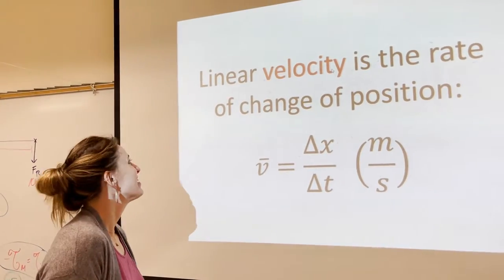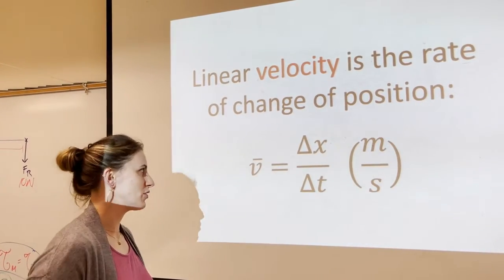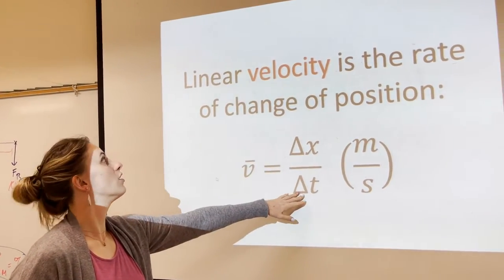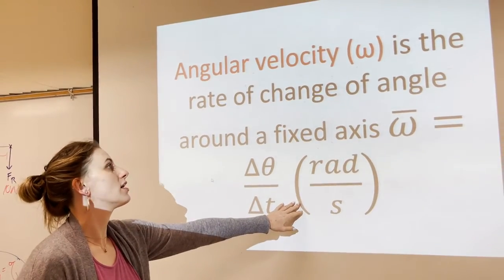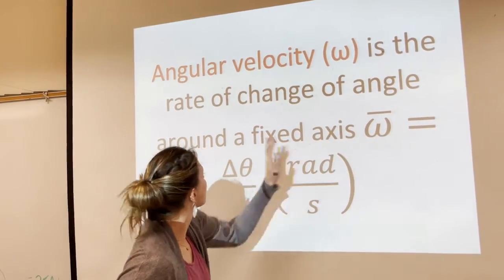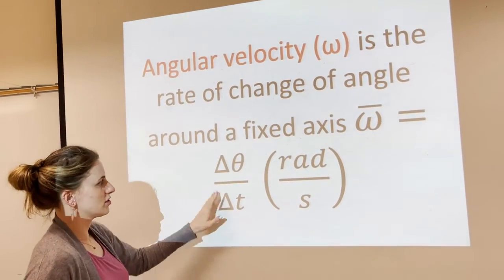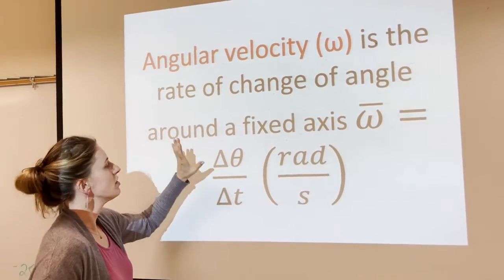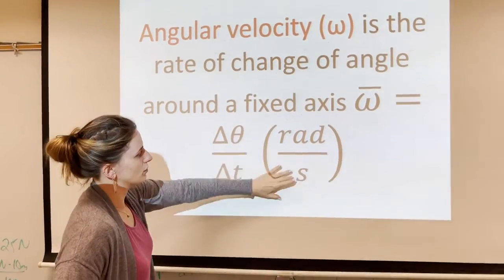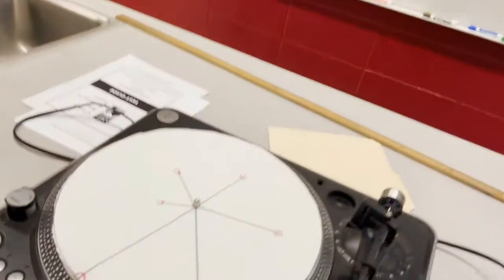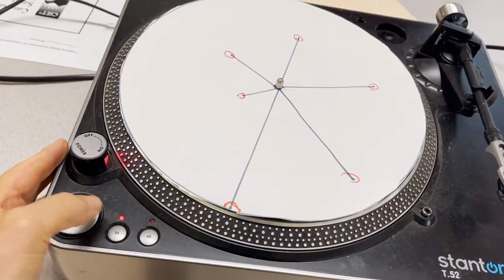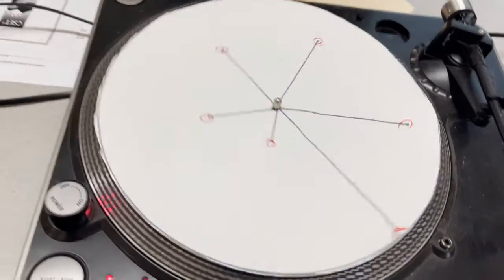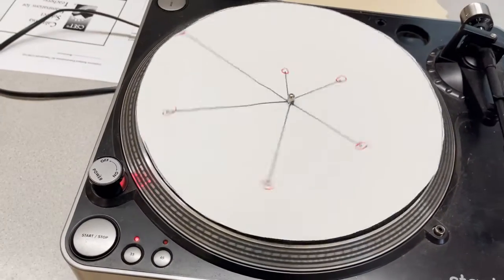Linear velocity is the rate of change of position, meters per second. So it only makes sense that angular velocity, which is represented by our omega here, is radians per second. Just like how this is distance and time, it's going to be radians per second. Let's go back over here and turn this thing on. Now this is going in the negative direction.